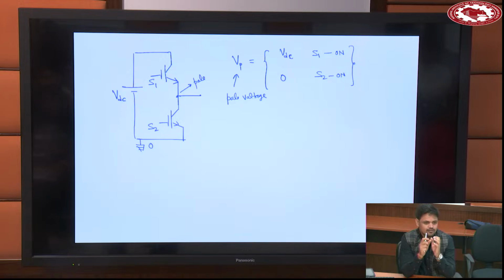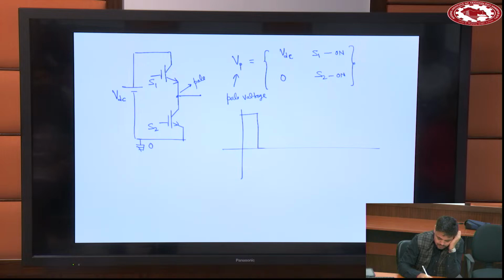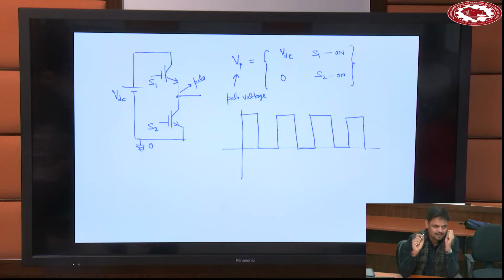Now, the average value which you need, this Vp, is always going to sit in between VDC and 0. Now you want some average value, suppose VDC by 5, VDC by 3, VDC by 2, 3 VDC by 4, something like that. So now you need to control this on time to get the required average value.